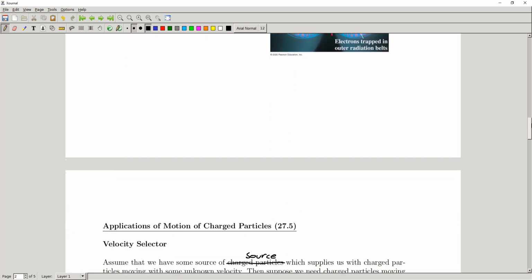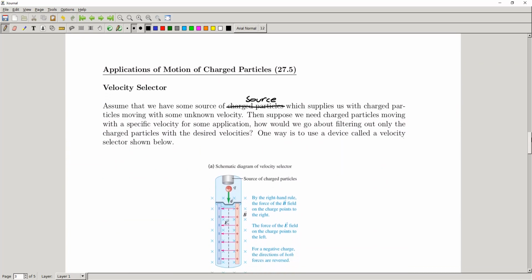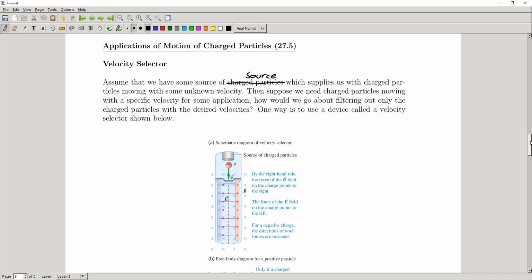Okay, so we can now move on to section 27.5. In this section, we are going to be looking at some devices and experiments that can be done using these ideas. All of these ideas use magnetic fields.